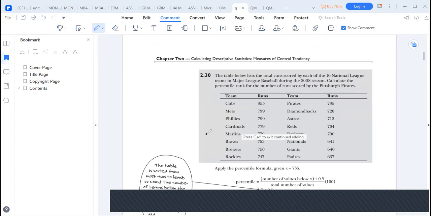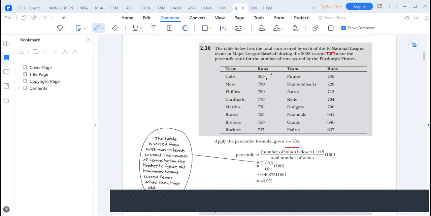Let's look at this one here where we have 16 national league teams. So here we are being told to apply the percentile formula for the value of 735. So let's identify 735. So firstly, we need to ensure that this is in order. So 735, we identified where 735 is, it is here.